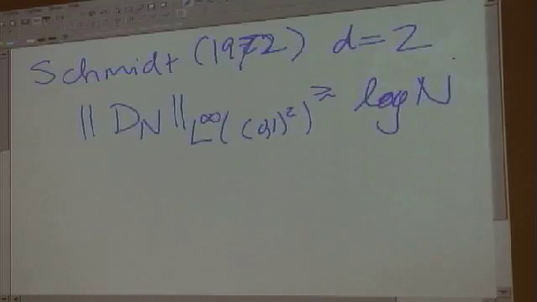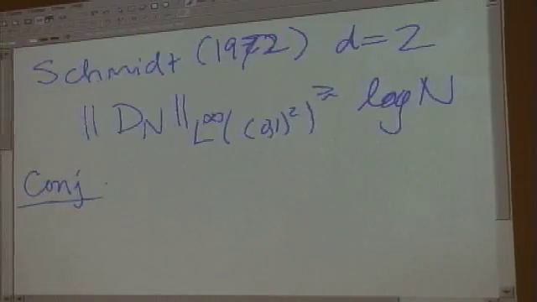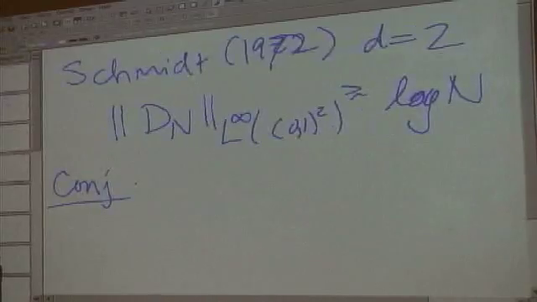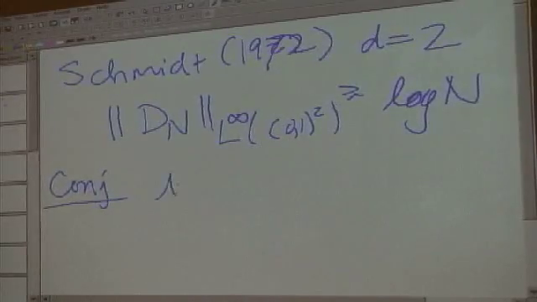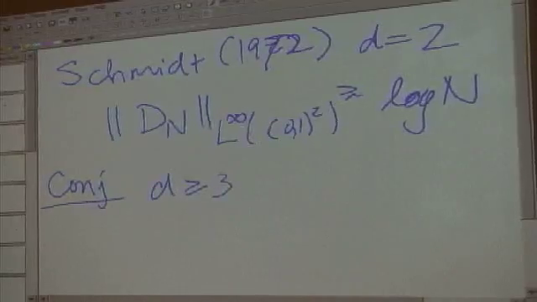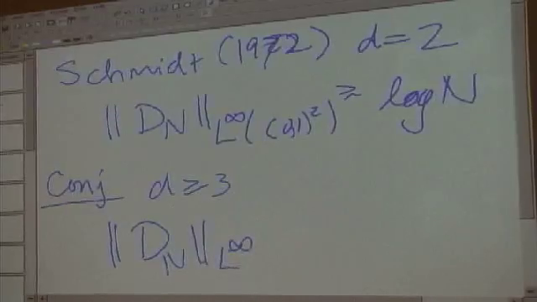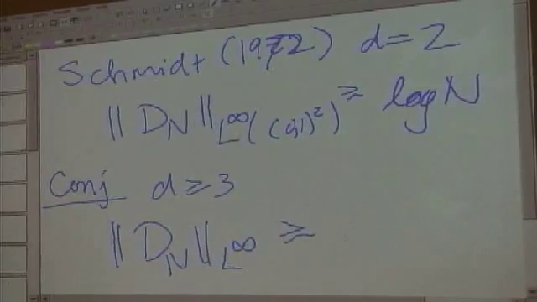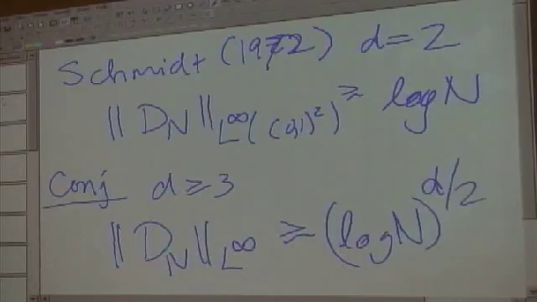Okay, and so in light of that, the way that I believe the conjecture should be formulated is that in dimension bigger than or equal to 3, Dn in L infinity is bigger than log n to the d over 2.